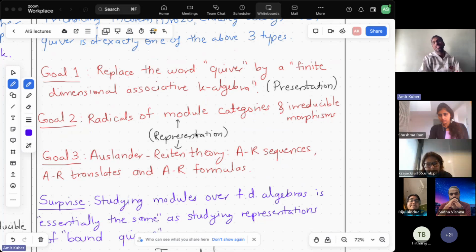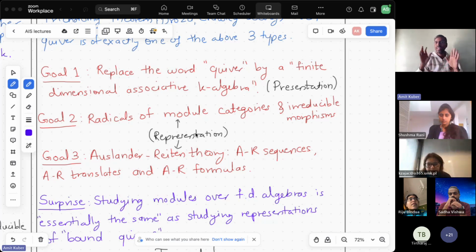Yesterday we described what irreducible morphisms were. And in the Auslander-Reiten quiver, we said that we have to take as many arrows between two isomorphism classes of indecomposables as the maximum number of linearly independent maps.